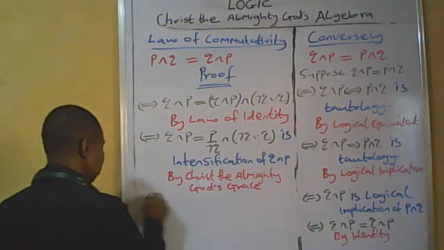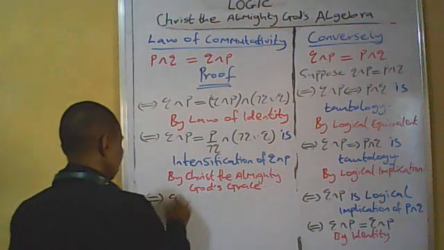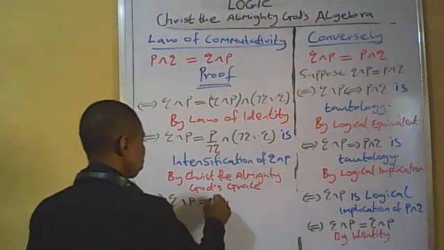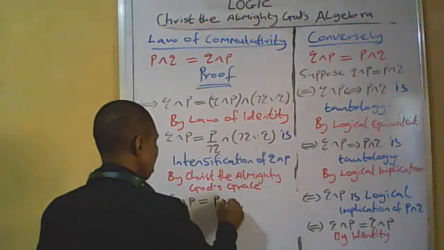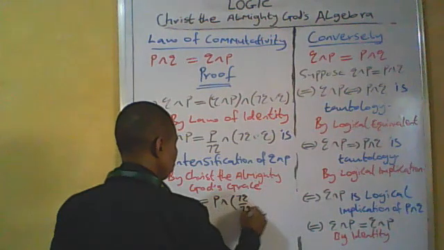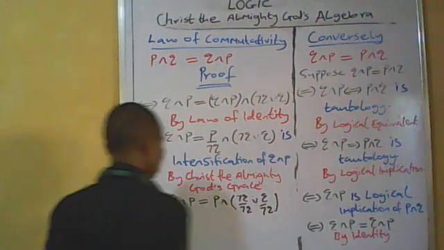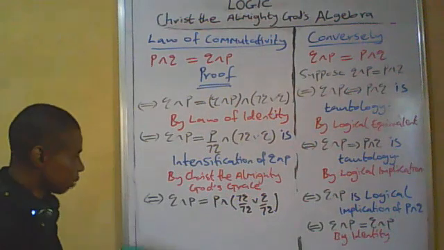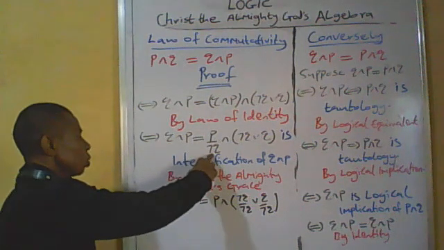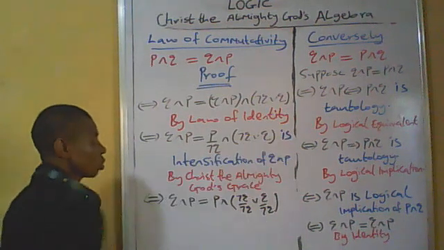If and only if Q and P is equal to P and bracket not Q upon not Q or Q upon not Q. You see that we have now distributed this not Q to the second conjunct.